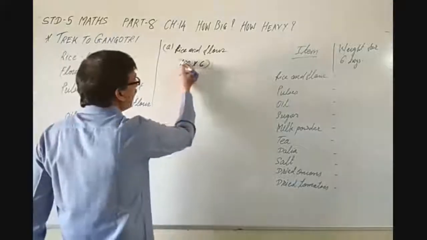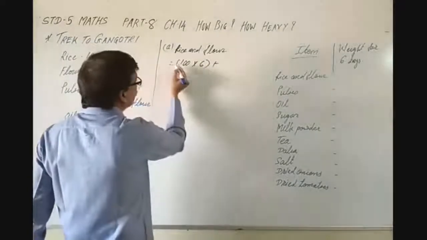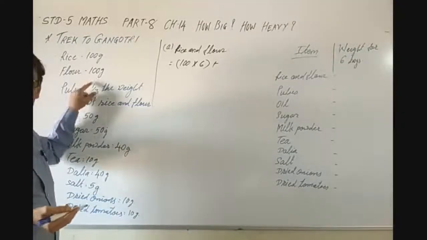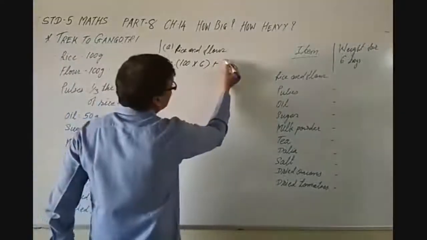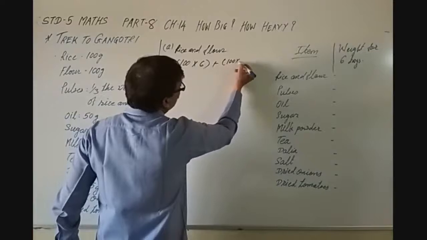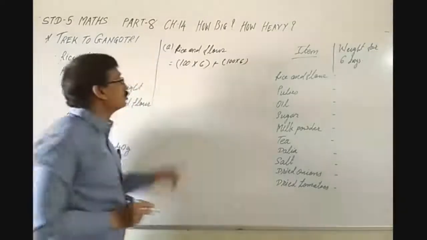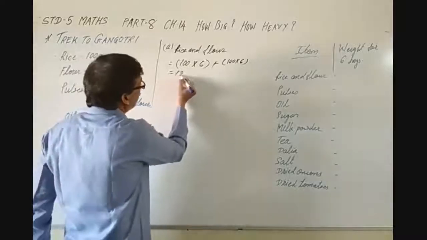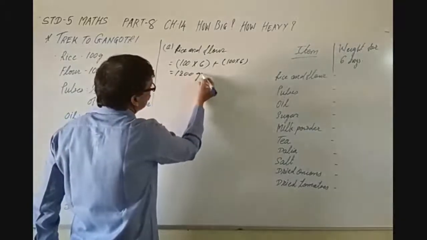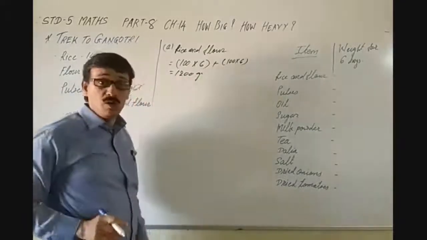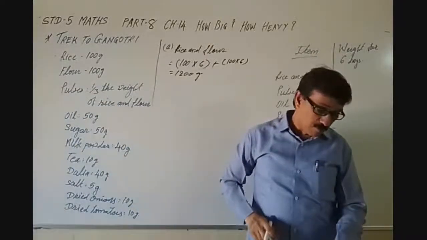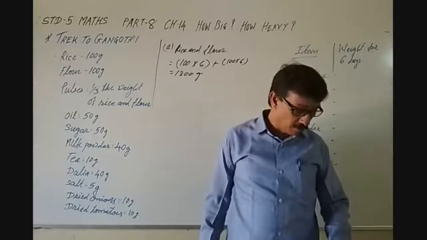So this is for rice, and flour is also required 100 gram, and for 6 days that is 100 into 6. So 600 plus 600 is equal to 1200, isn't it? So for 6 days they will require 1200 gram of rice and flour.